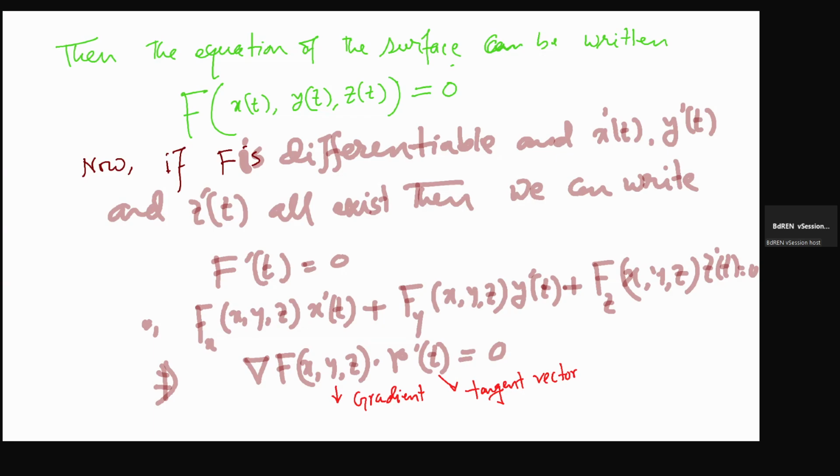So now if we want to determine this at any specific point, can I go to the next page? Yes, sir. Okay.